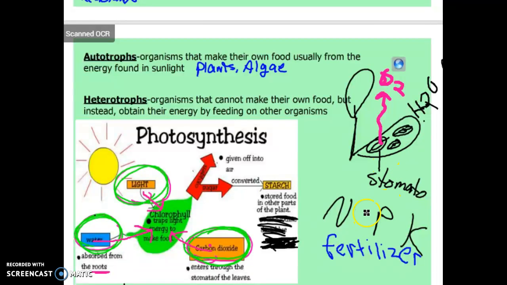And so we have this carbon dioxide going in through the pores and then oxygen gas coming out through the pores, but we also have some water leaving through the pores. So the reason that on most plants, most of those stomata are on the bottom is because, think of a plant sitting out in the sunlight, absorbing that energy from the sunlight in the process of photosynthesis.